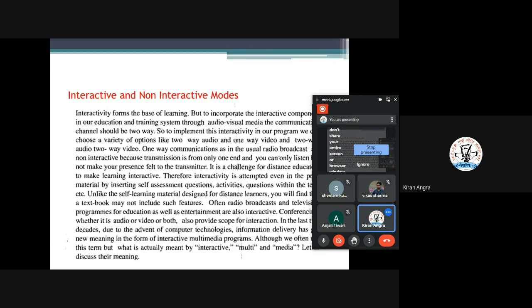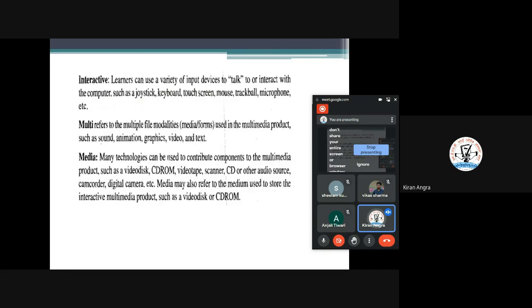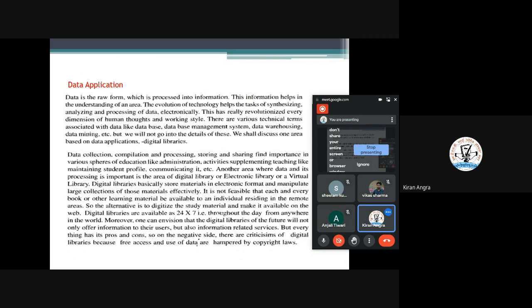The last application is data application. Data is always in the raw form, which is processed into information, and information helps the understanding of the area. With the evolution of technology, the task of analyzing and processing of data electronically became easy and has revolutionized the various dimensions of human thoughts and working style.